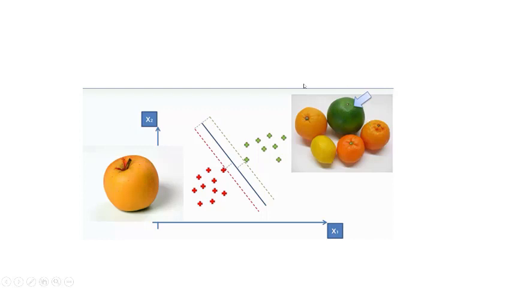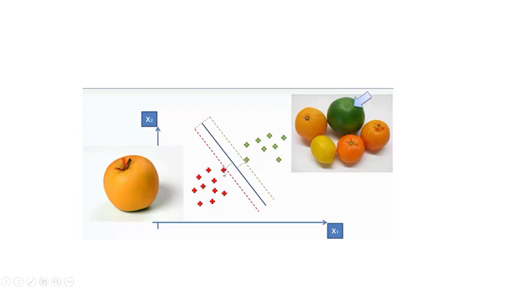So where do these points actually lie? If I understand these two, they are the problematic points, because if I say this one is an apple, due to this color it may be wrongly classified.